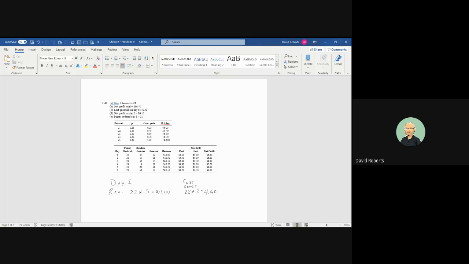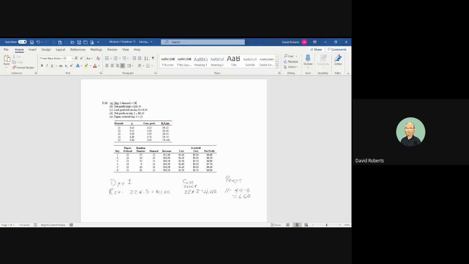There is no goodwill because the demand equals the orders. Only time you'll have goodwill costs is when demand exceeds the orders. And so for the profit, in this case, you will take the $11 minus the $4.40 minus the 0, and you wind up with $6.60.